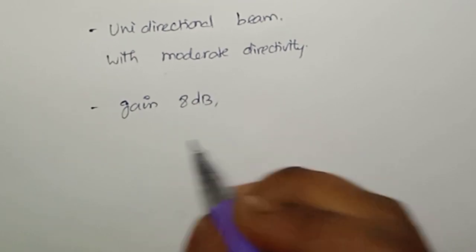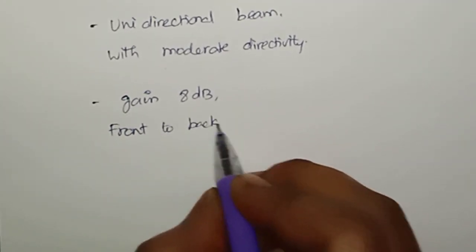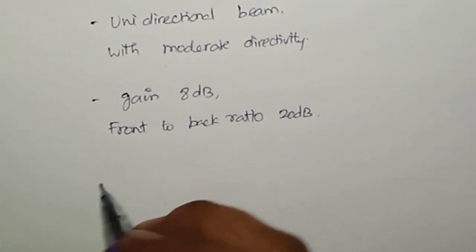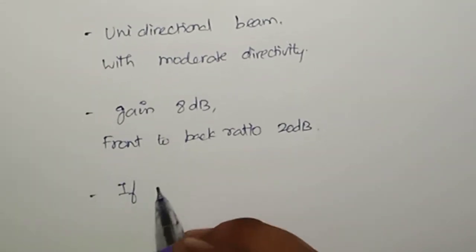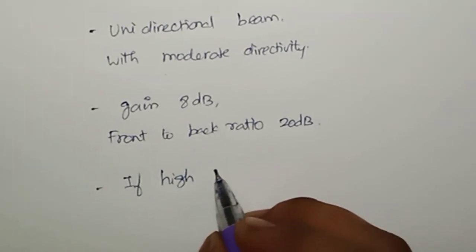Looking at the gain and front to back ratio, the gain is 8 dB and the front to back ratio is 20 dB here. Next, if the gain is high, it is simply called a super directivity antenna.